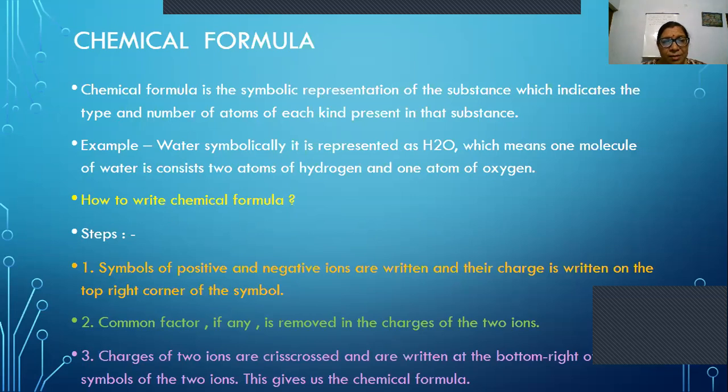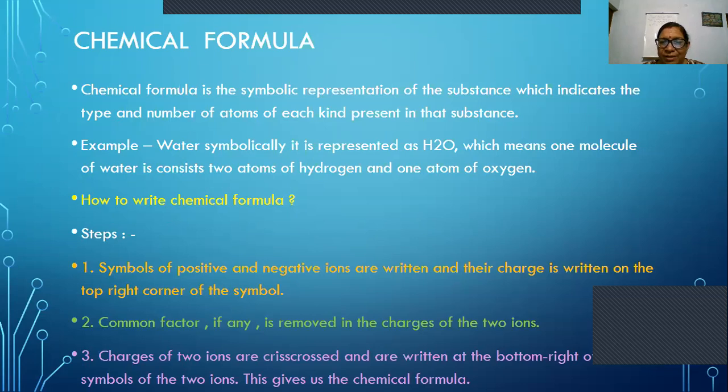Now next, how to write chemical formula. Here are some steps. First, symbols of positive and negative ions are written and their charge is written on the right corner of the symbol.